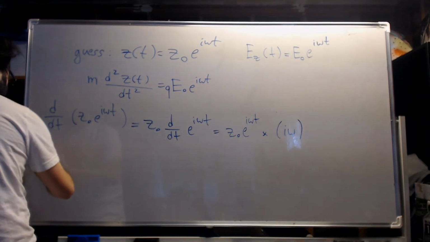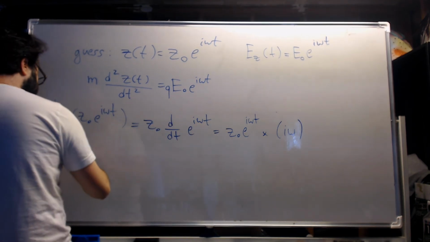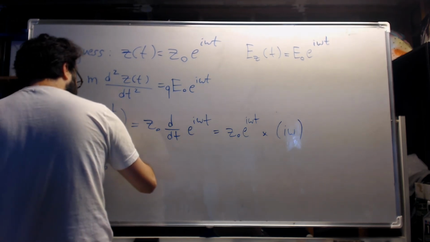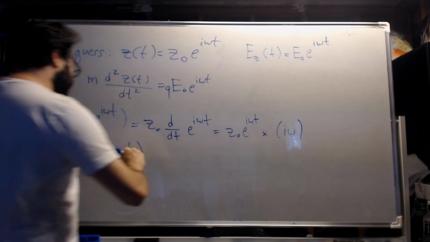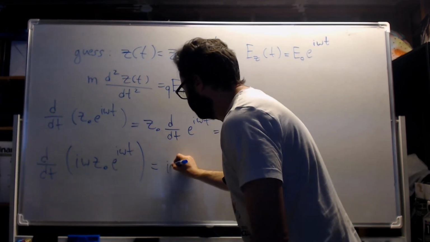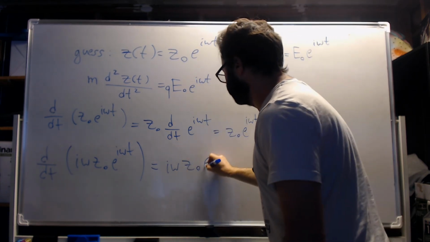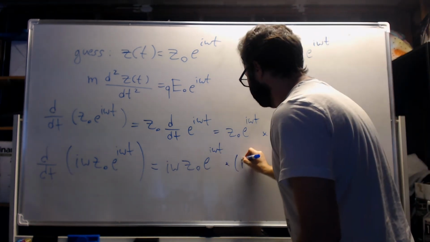So now d/dt of the result, i omega z naught e to the i omega t. We repeat this. These are constants, so the derivative goes right through them, operates on this e to the i omega t, and we get the same result back. So this looks like i omega z naught times the exponential function back times i omega.